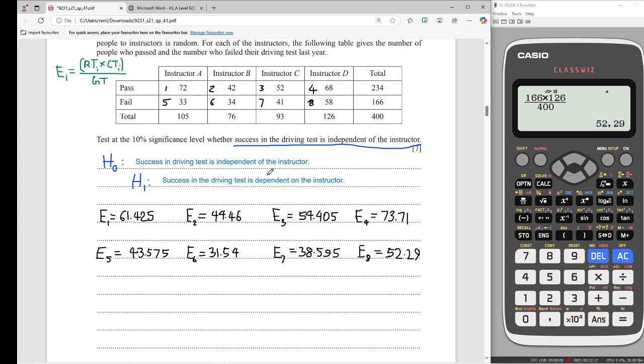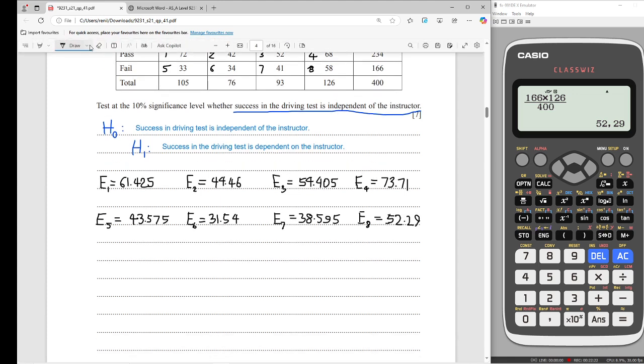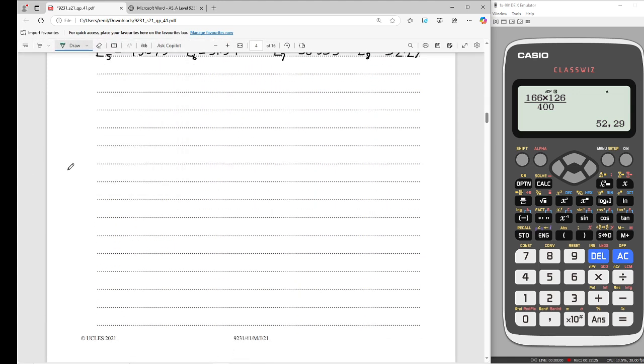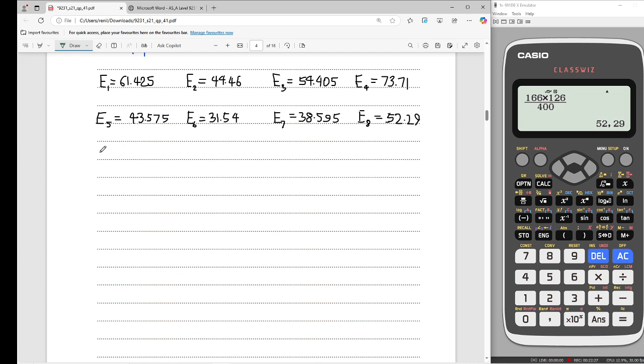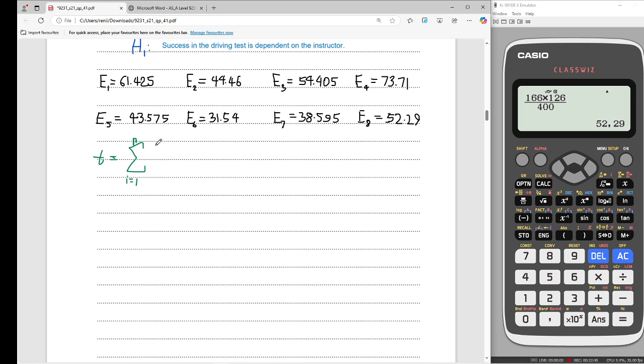Okay, now that we've calculated the expected value, now we need to calculate the test statistic. This is denoted by another formula, which is the test statistic T, equal to the sum of I equals 1 to n of, in the formula we have here, observed value of I minus expected value of I, then we open and close brackets.